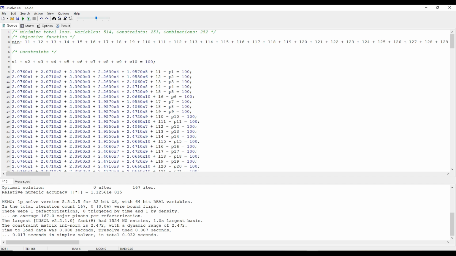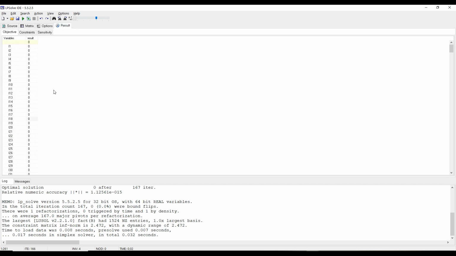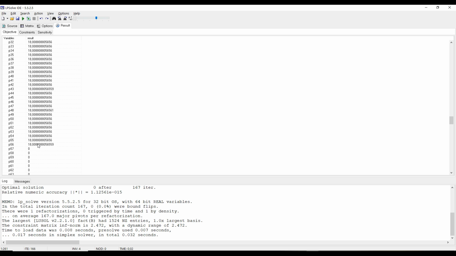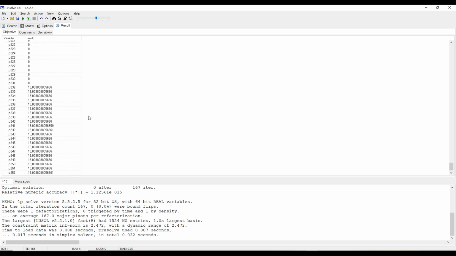Let's solve the problem. As you can see, for 5 bets, the loss function is 0. This is the solution, and this is how we distribute our initial amount, and these are the profits for every combination. We can either break even or have a profit.